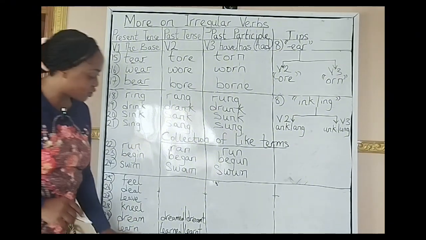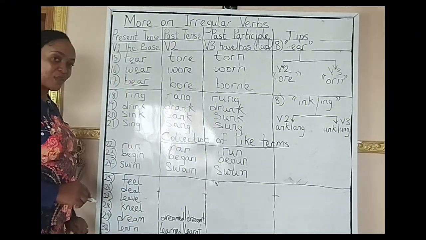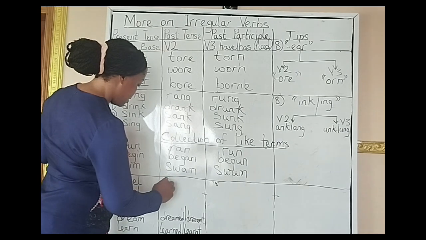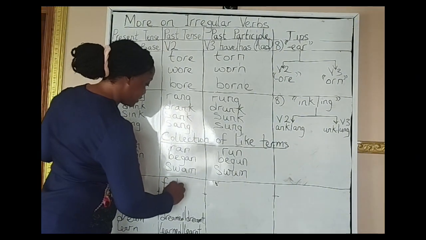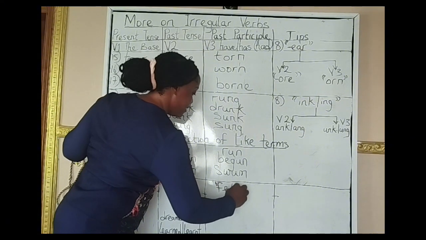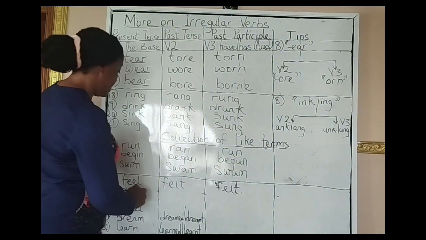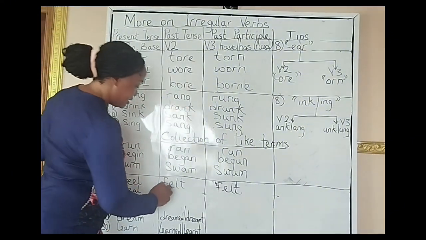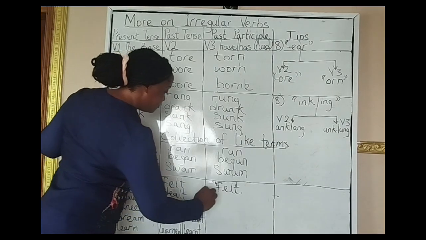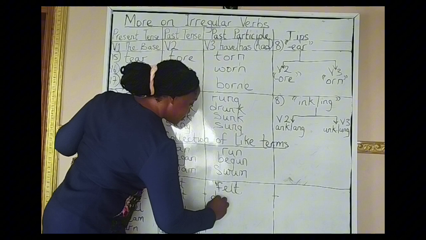Okay, another collection of like terms. We are going to see feel. The past tense becomes felt. And past participle becomes felt. Sameness. And here we have deal. Dealt. I've dealt with him.